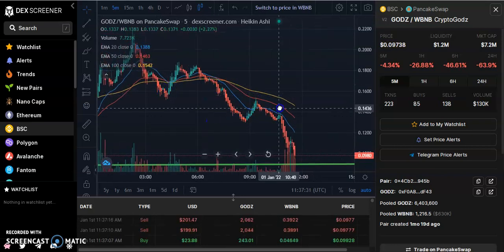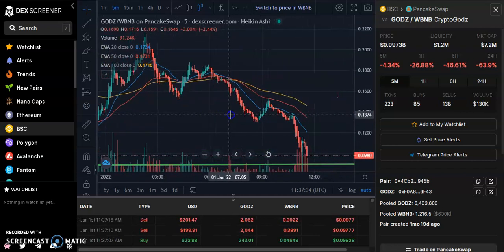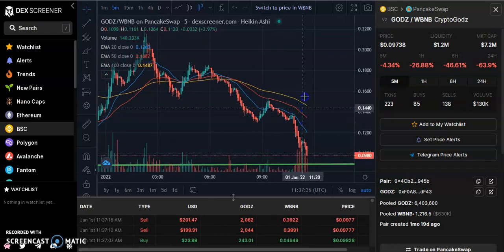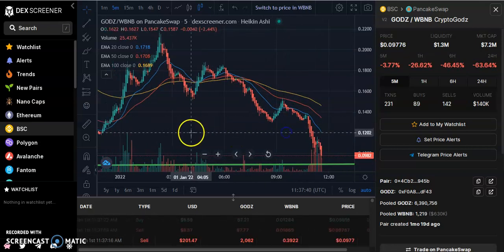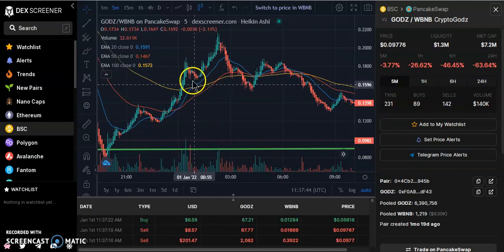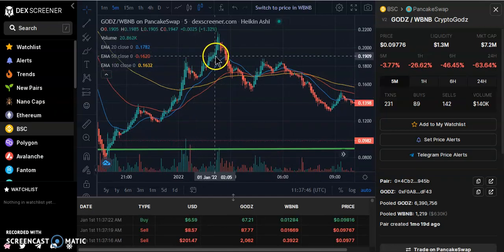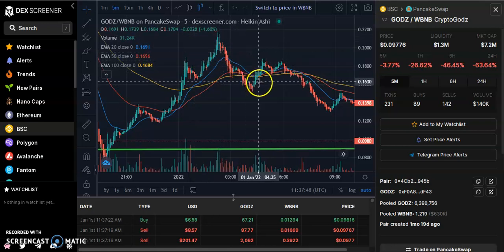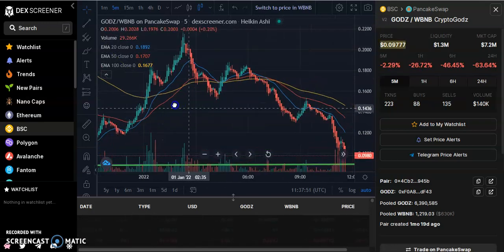If the blue line crosses these two lines right here, we will be in an uptrend. Over here there was a crossover, and as you can see, the price spiked up. Then there was another crossover, and that means downtrend.